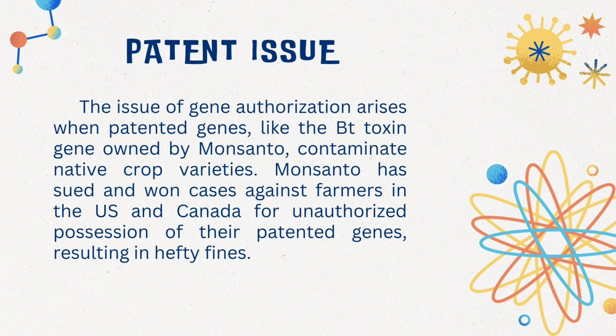If Bt corn contaminates native corn varieties, Monsanto may sue local farmers for unauthorized possession of their protected gene. Monsanto has already sued and won such suits against US and Canadian farmers. These farmers were fined large amounts of money for the presence of Monsanto's patented soya and canola genes in their crop fields.